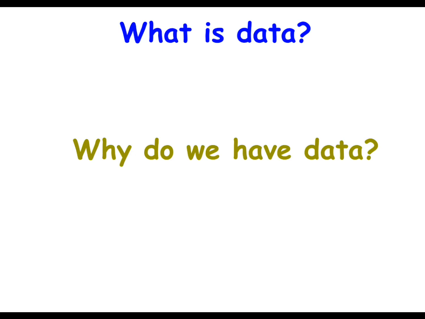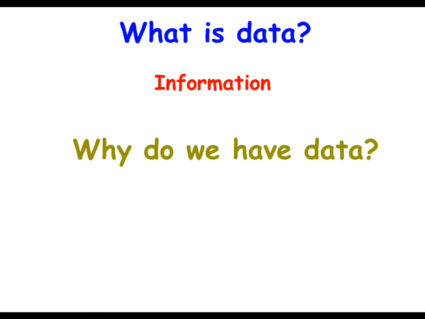The background for the data cycle and using data is that there are two things we need to understand. What is data and what do we have data for? Well, data is essentially just information. So this information could take many forms.